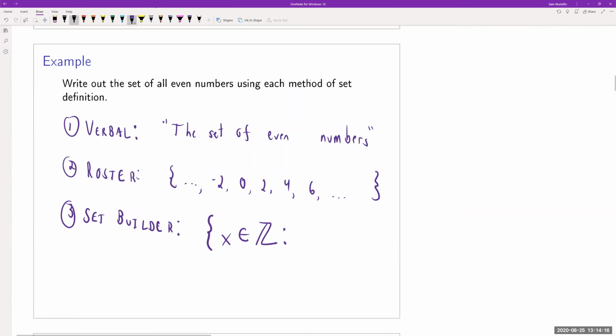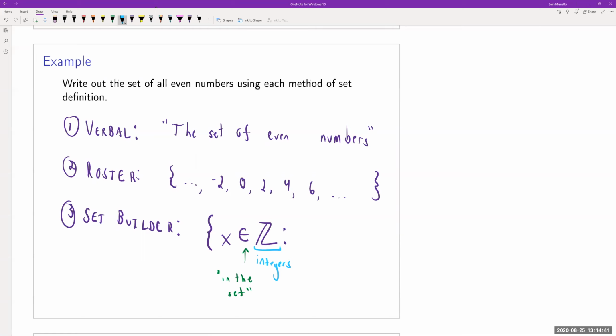So this just means, looking at this notation, x is my dummy variable. So I'm going to describe the rule that applies to x. This symbol right here means in the set. So x is in the set, and then we're looking at specifically the set Z. Now Z, you may not know this, but Z is the set of integers.